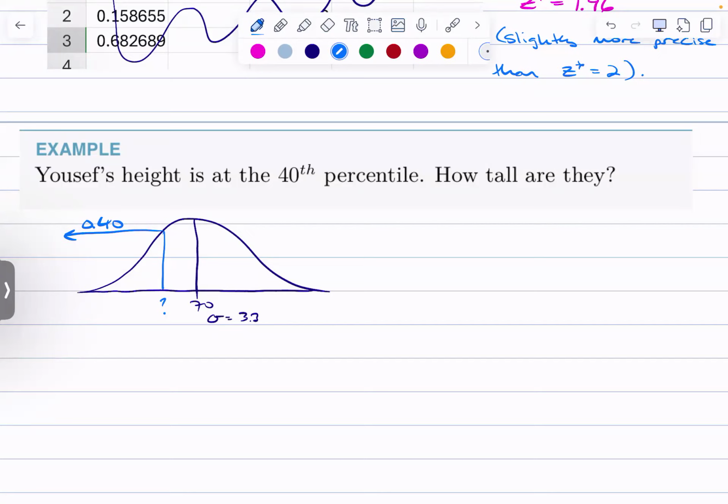We're going to be able to find the Z that makes this happen, right? And then we can work it backwards and kind of unravel it to become an actual height.